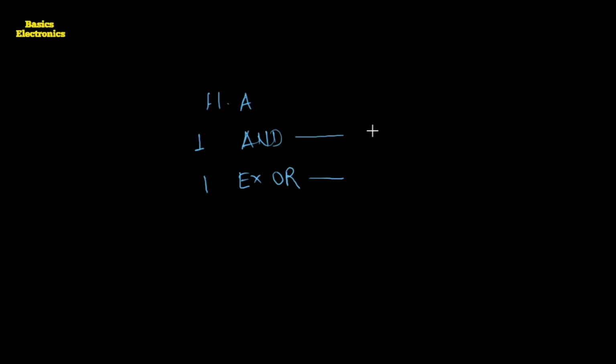The AND gate is used for the generation of the carry, whereas the XOR gate is used for the sum of the two inputs. Okay, so now we have to draw the logical diagram of the half adder.